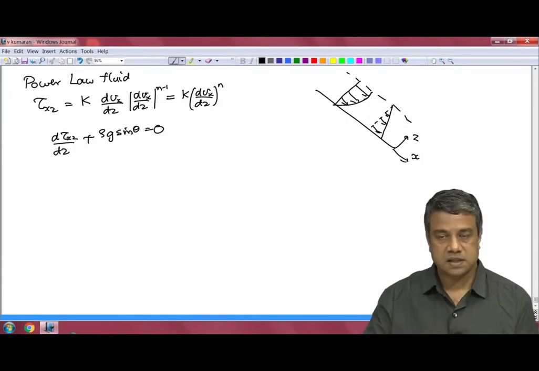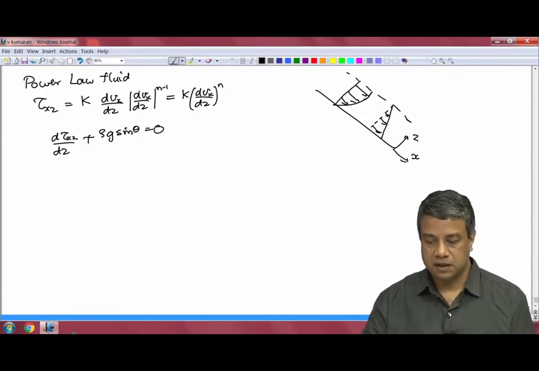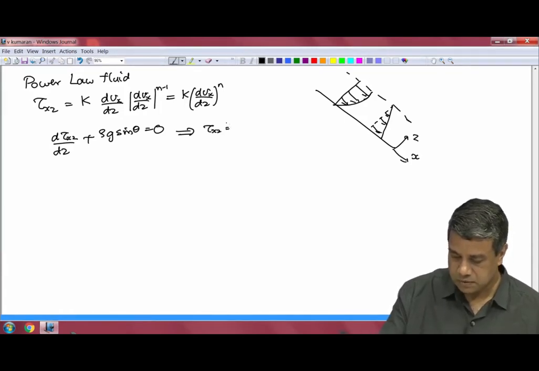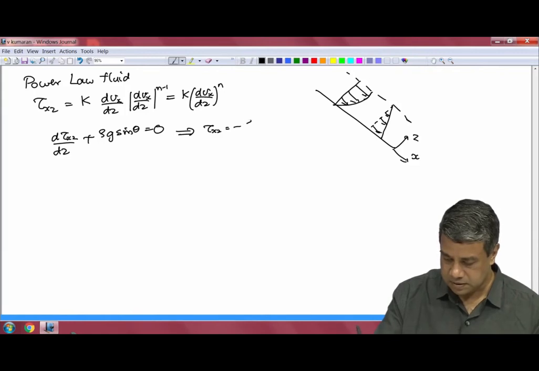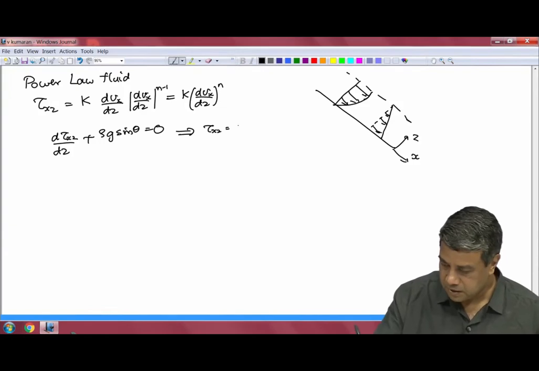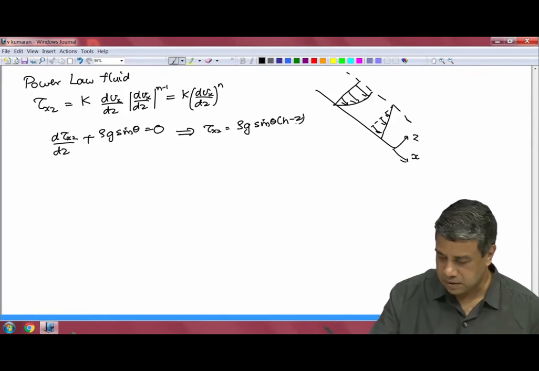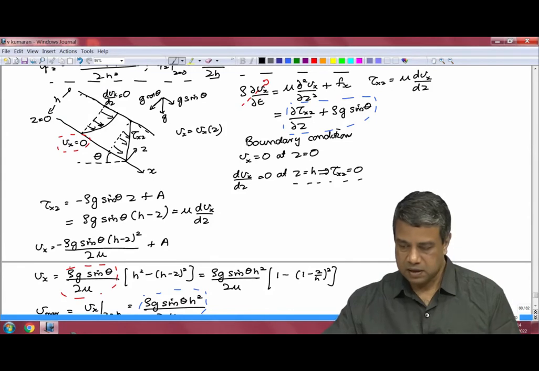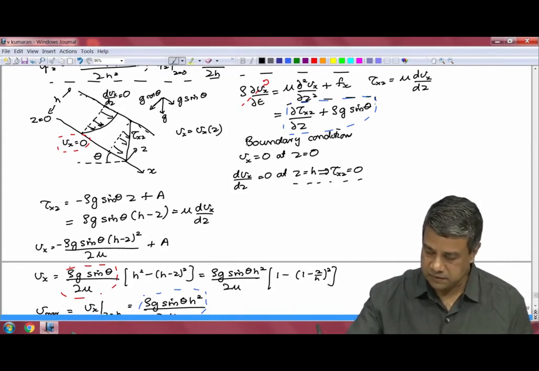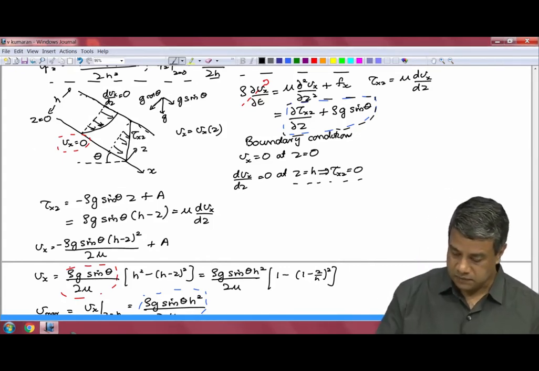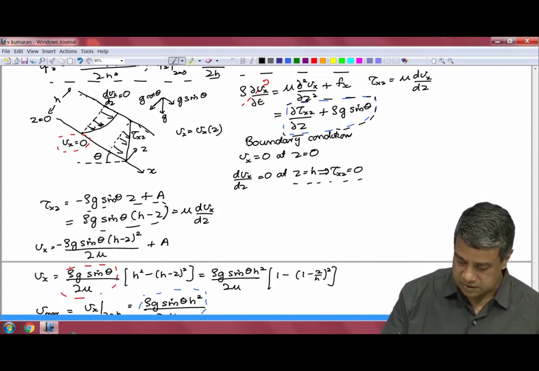That expression still remains the same, and therefore the solution for the stress is still tau xz equal to minus rho g sin theta into h minus z. Recall that that was the expression we got earlier. That expression is not affected by the fact that the constitutive relation has changed. So, I am going to get the same result here for the stress.